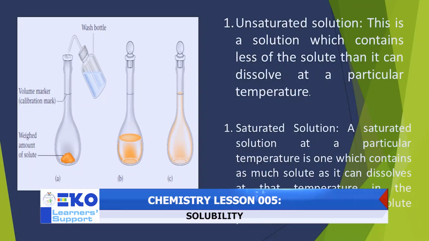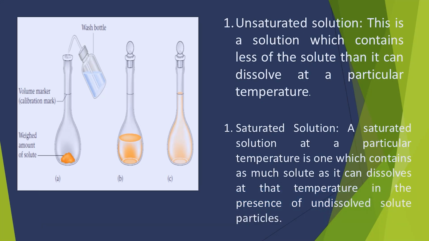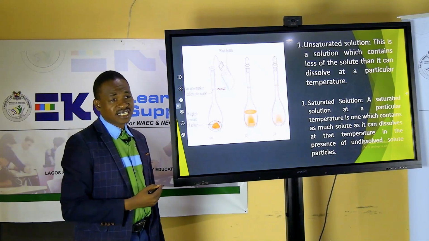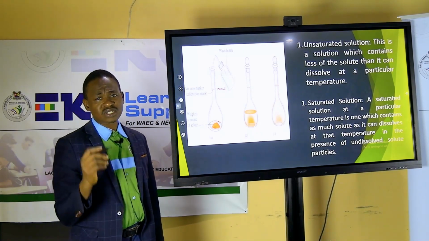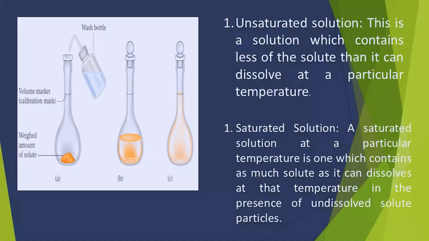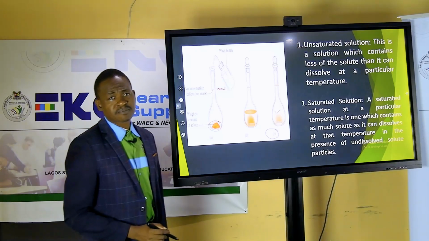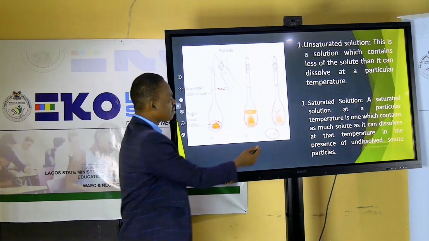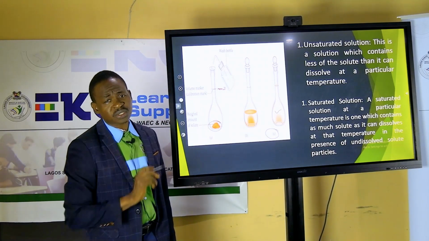So let's say it's 1,000 centimeter cube that you can take. Now you begin to add water to the solutes and continue dissolving it. It will get to a point that it gets dissolved and forms this particular solution C. At that particular point, we say you have formed a solution.